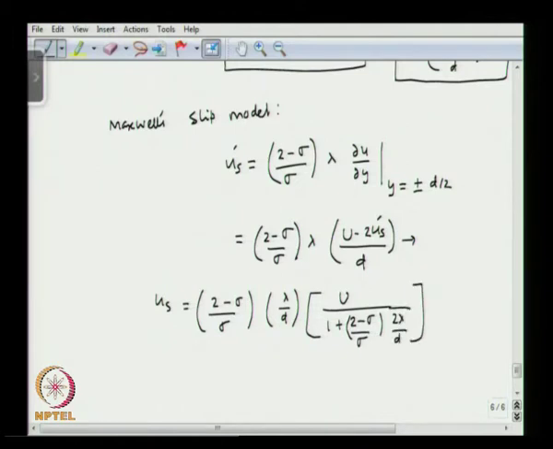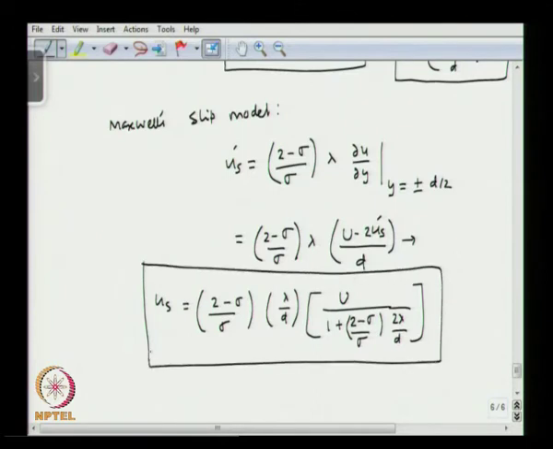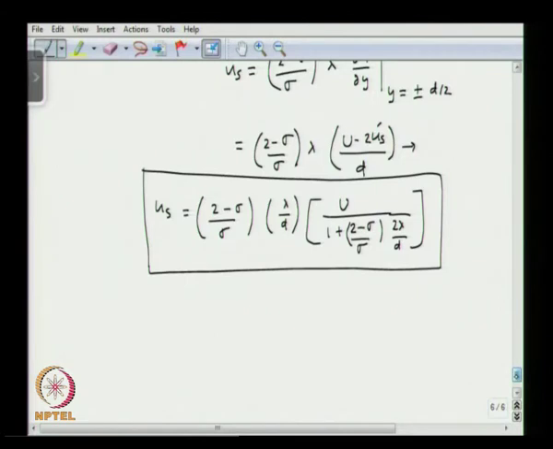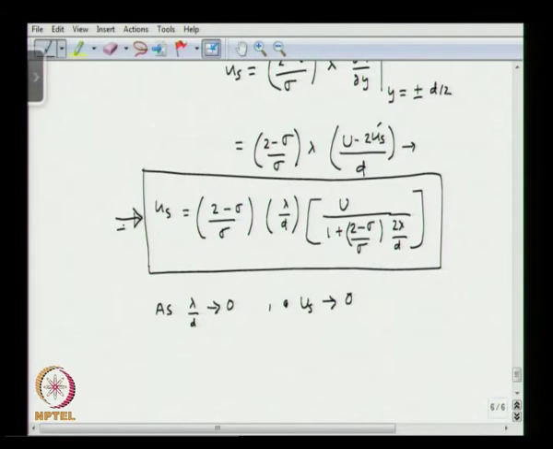So, that is the expression for the slip velocity. Now, you can check that as lambda by d tending to 0, your slip velocity u_s is tending to 0, which is the case when Knudsen number is very, very small. So, the slip velocity is not existing.